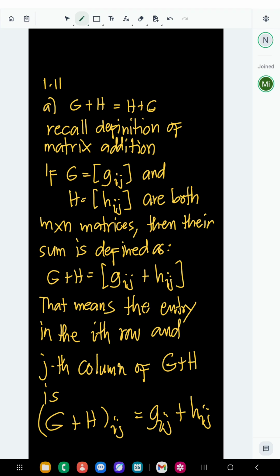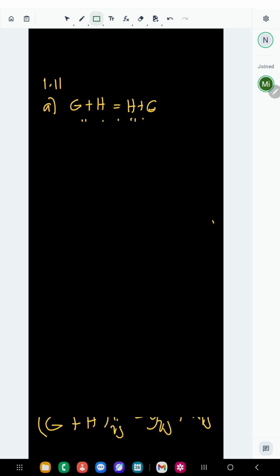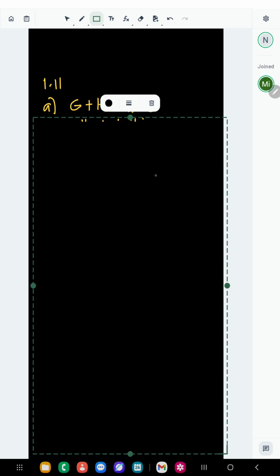And then the next one is we use commutativity of real numbers or complex numbers.